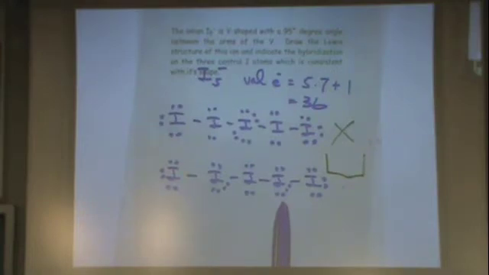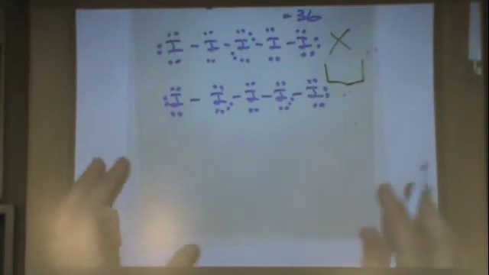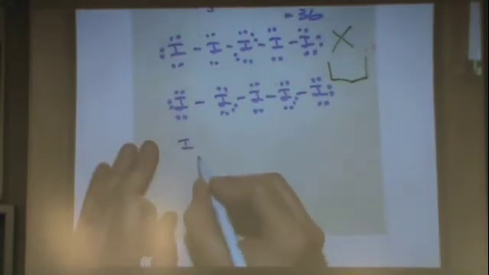So the electronic shape is trigonal bipyramidal. And so the molecular geometry with 3 lone pairs is called linear. That's sounding really good. Let me redraw this in the correct V formation one more time.